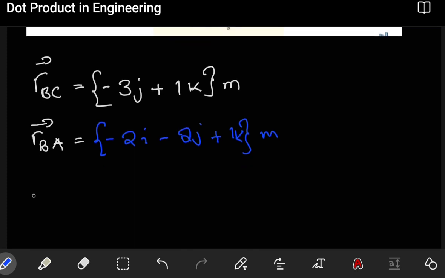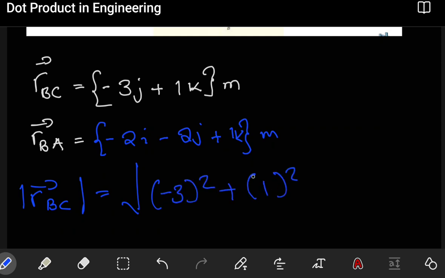Now, the method that we're trying to take advantage of requires the vectors and their magnitudes, so that we can easily get the answer. So the magnitude of RBC, we'll just get each component squared. So the square root of minus 3 squared plus 1 squared.